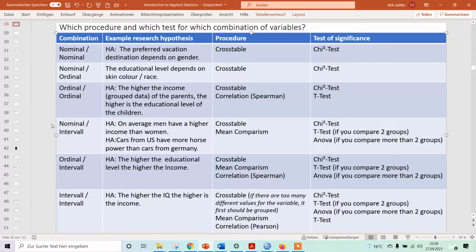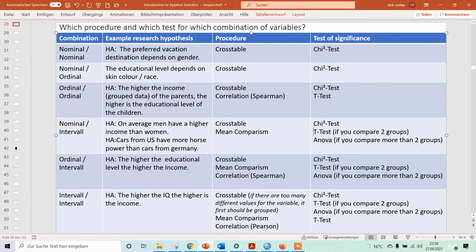Okay, now let's have a look at the combination nominal and interval scaled data. If the interval scale data do not have too many different values, then we could also create a cross table.